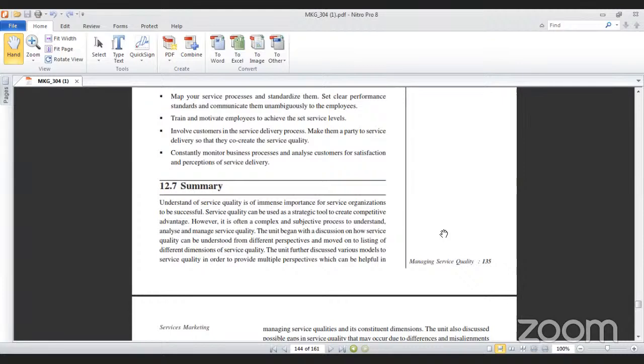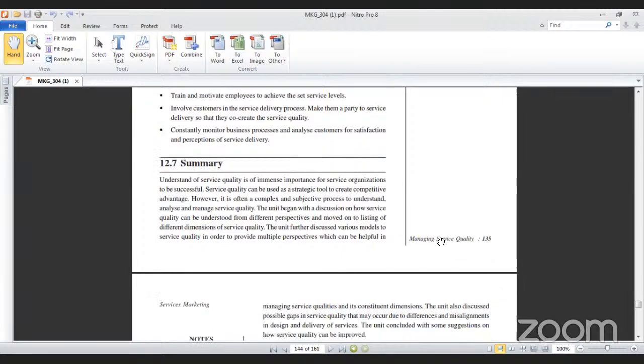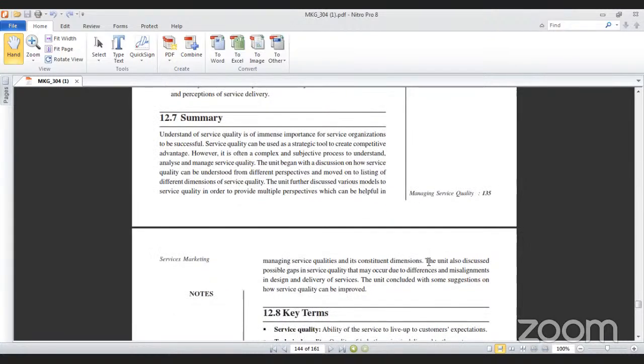The unit began with a discussion on how service quality can be understood from different perspectives and moved on to listing the different dimensions of service quality. The unit further discusses various models of service quality in order to provide multiple perspectives which can be helpful in measuring service quality and its constituents.